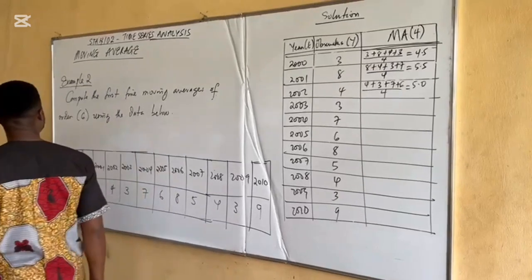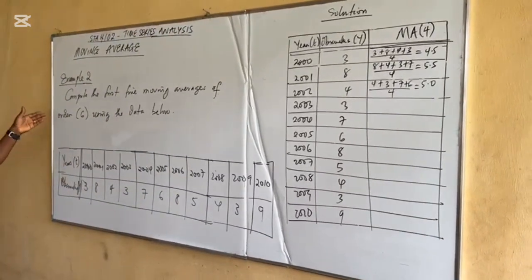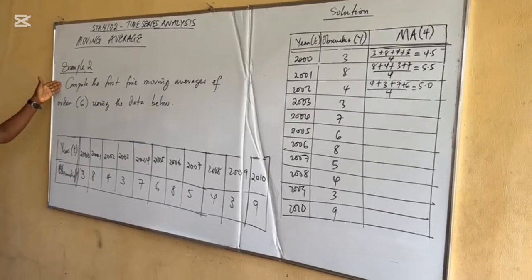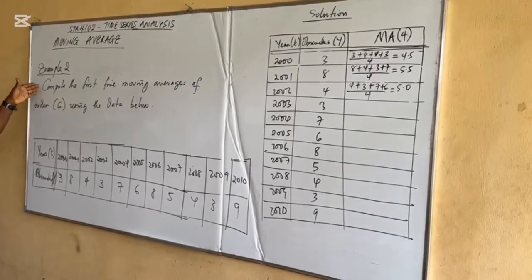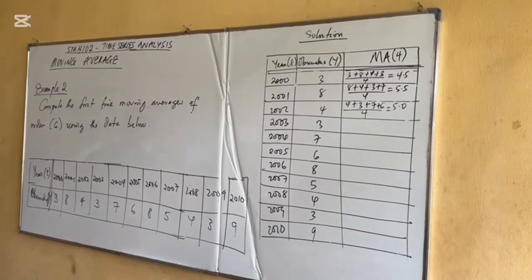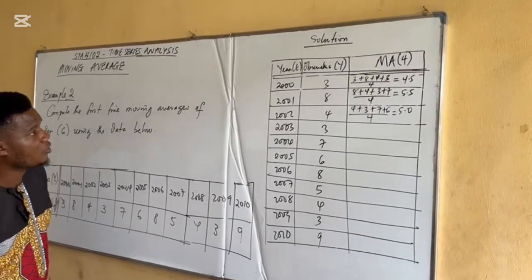What I would want you to do is to compute the next 3 for that, and also compute the first 5 moving averages of order 6. Let's quickly see how that will be done.